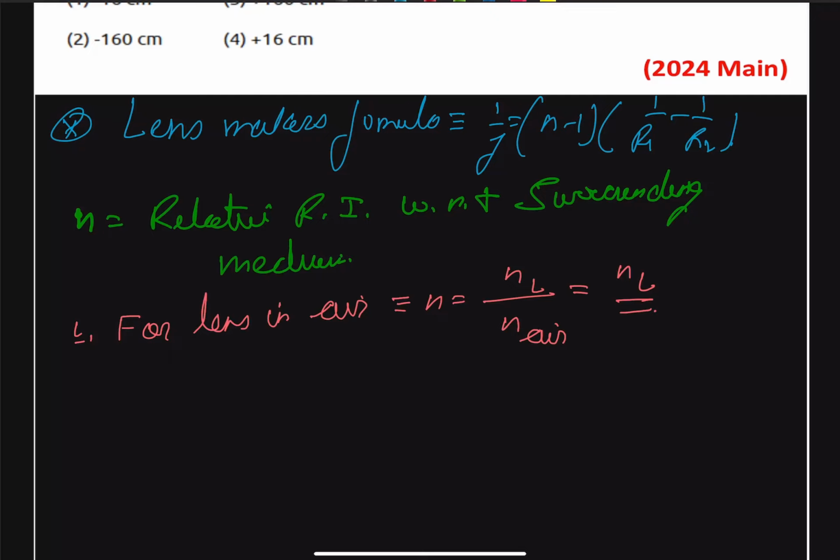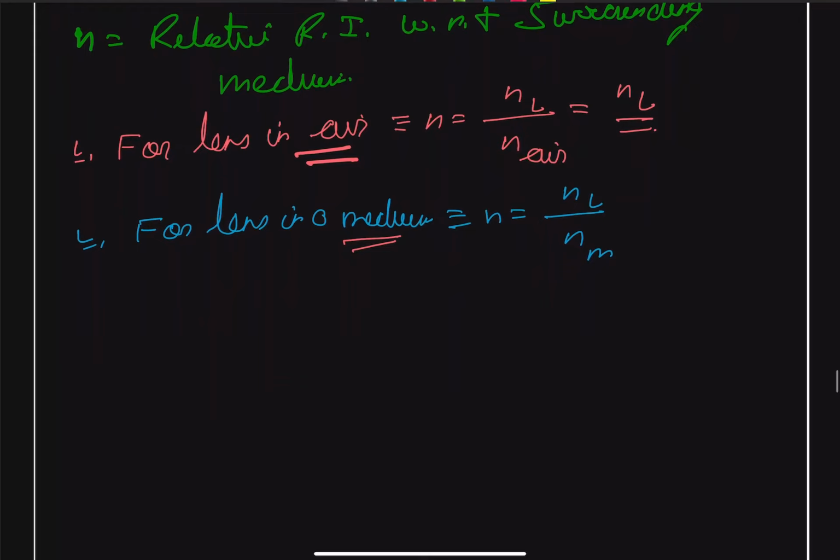And when the lens is in a medium, our n will be equal to the refractive index of the lens divided by the refractive index of the medium. This is the only difference. The rest of the things will be quite simple to solve. The first medium is air, and the second one is our liquid. So we are going to solve it for air first.